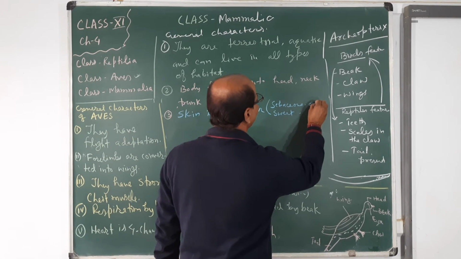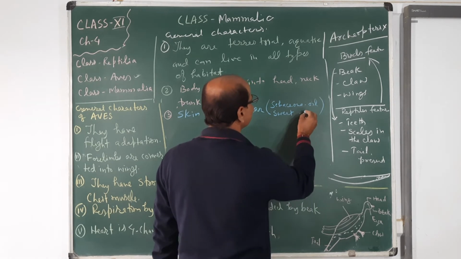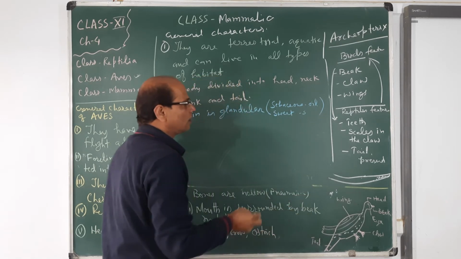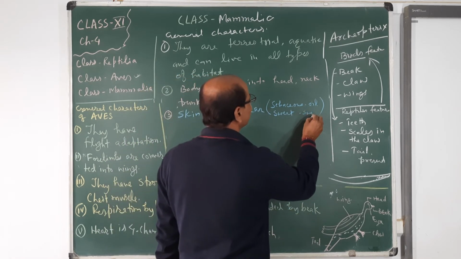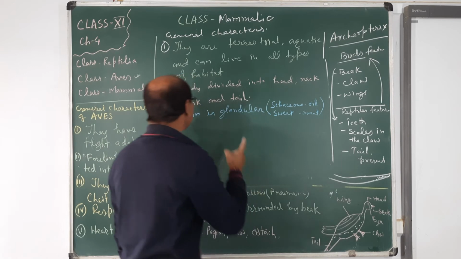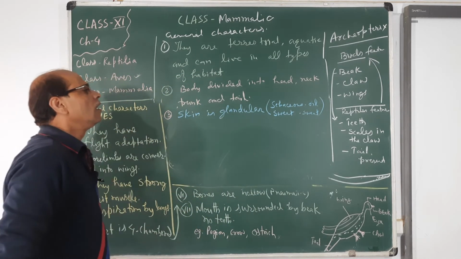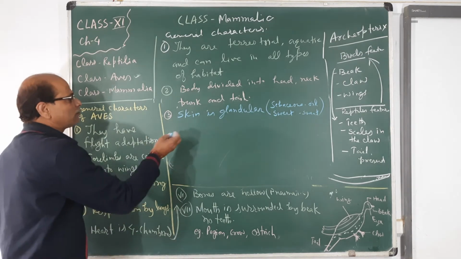This produces oil to make them soft. It produces sweat, or the water with the urea. So sweat is emitted by the sweat gland. So this is present for making the skin soft as well as more delicate and protective also.